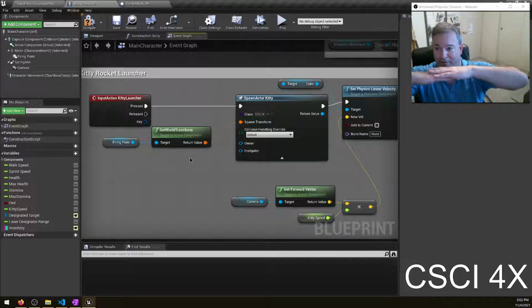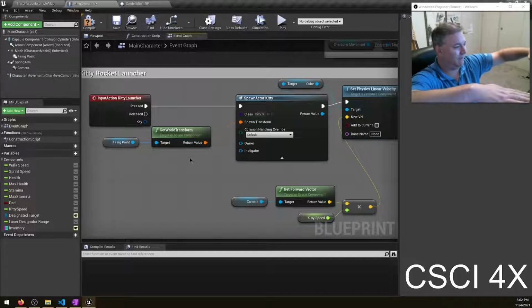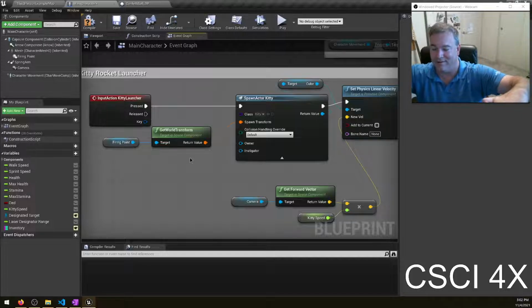A lot of times you want things to be always horizontal, parallel to the ground. You oftentimes don't want your goblins in the world to be tilted forward because it looks really weird.